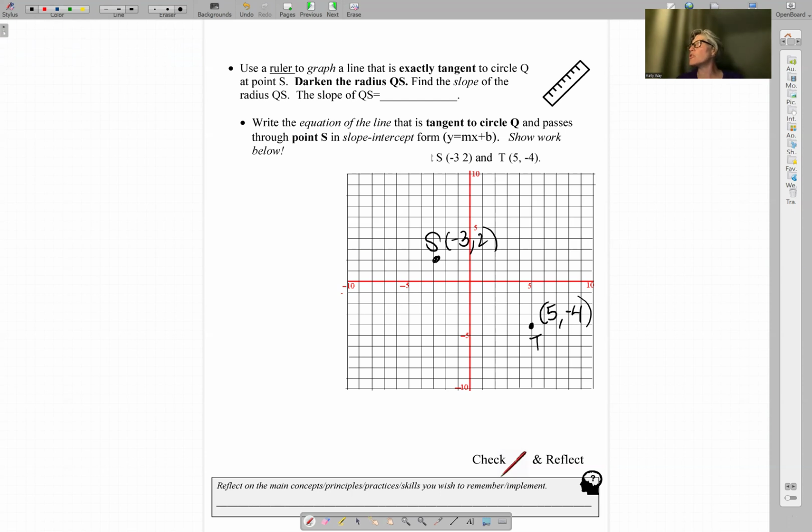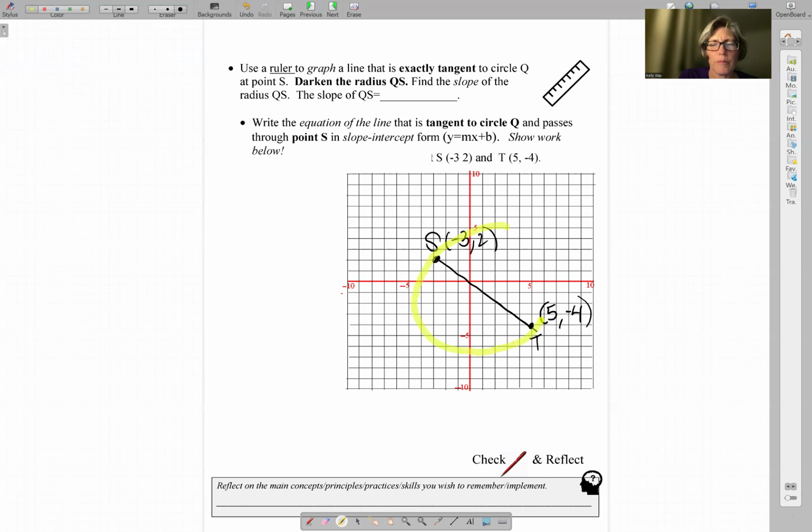I recommend you use a straight edge for this. We want to find the equation of that circle. So the circle is roughly here.